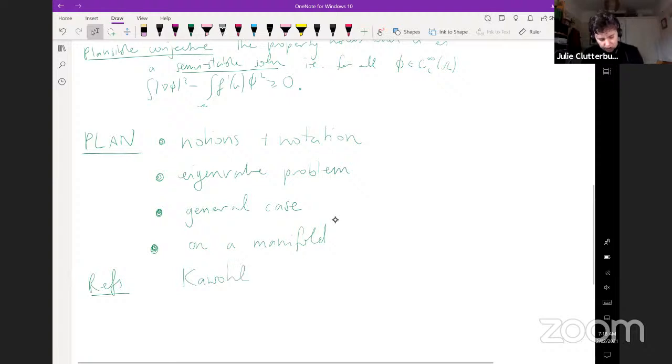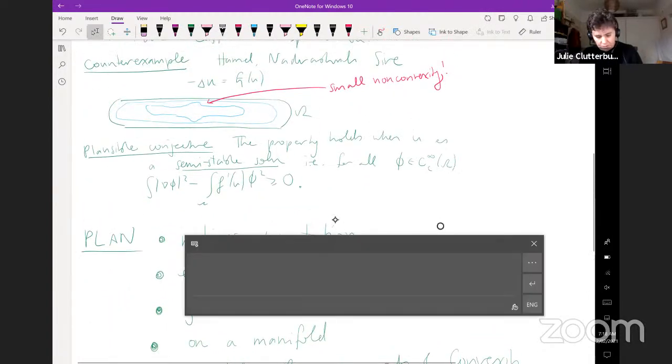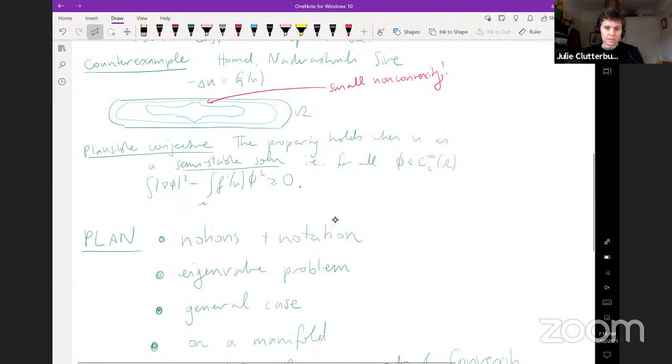It's just a short section at the end of the book where he talks about these things. But also this Hamel-Nadirashvili-Sire paper, it's got a really good introduction and it outlines some of the issues.